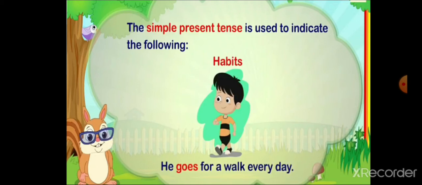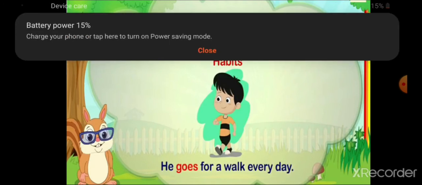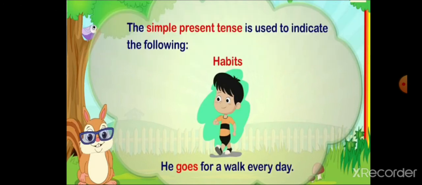As I already told you, whenever we talk about the third person singular, we use es, ies with the base form of verb. In this case, we use he goes. Means we add es with the base form of verb go. So it becomes he goes for a walk every day.